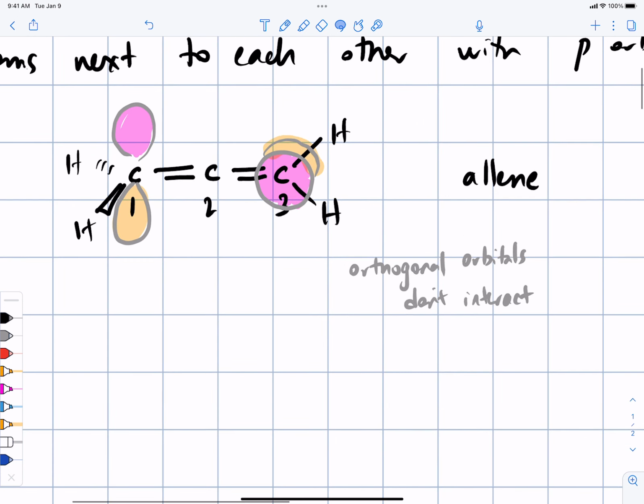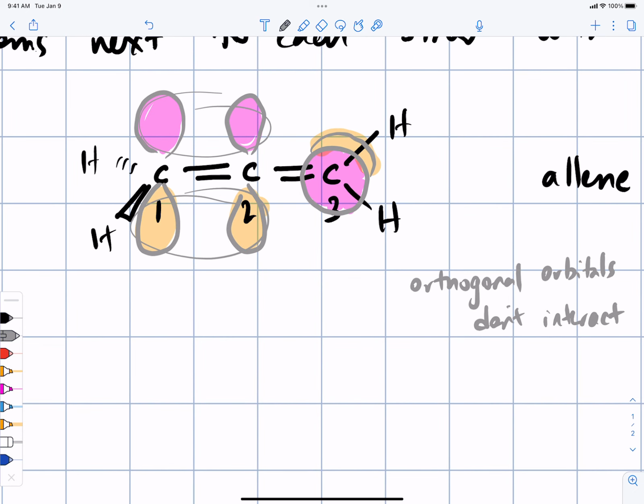Anyway, right, so what about carbon 2 here? It's sp hybridized, it's linear. It's got one p orbital here. That one can line up with the p orbital on carbon 1. That accounts for one of these pi bonds, right? And then what else? There's another one here and then back into the page where we can get another pi bond.